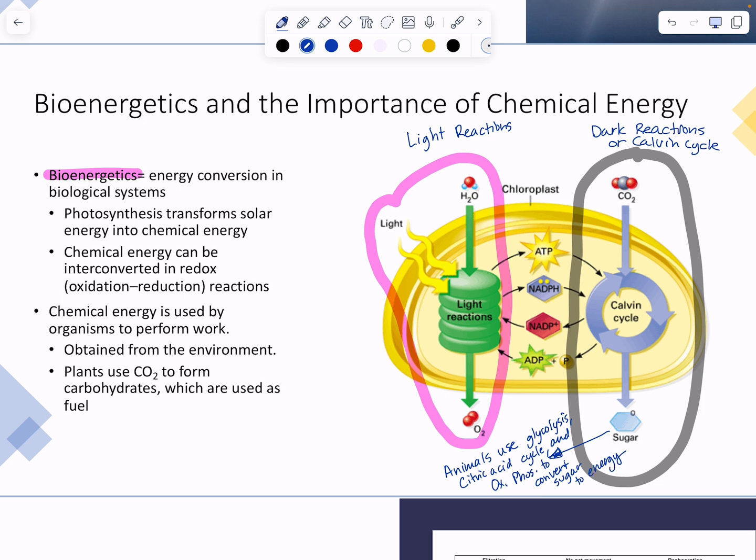So the energy comes in from the sun, goes out through sugar, and then we convert it into energy by breaking down the sugar and oxidizing it.